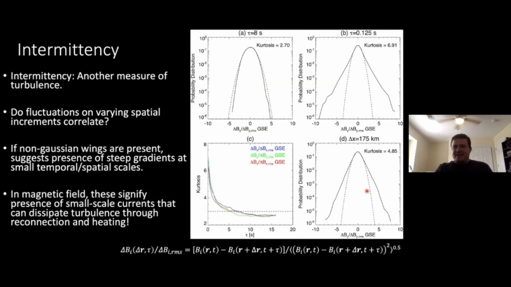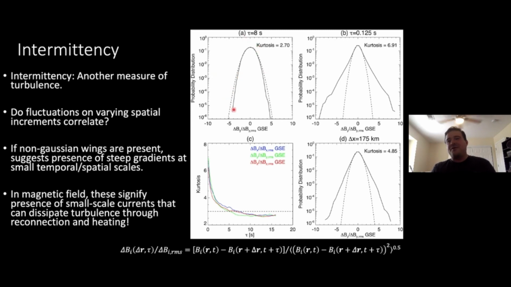Another thing we see is something called intermittency. So this is where, if you had a laminar flow carrying a magnetic field and there weren't many fluctuations, and you were to take an increment like, say, 10 kilometers and correlate the field, the increments would not correlate with each other, and you'd get a nice little Gaussian distribution.